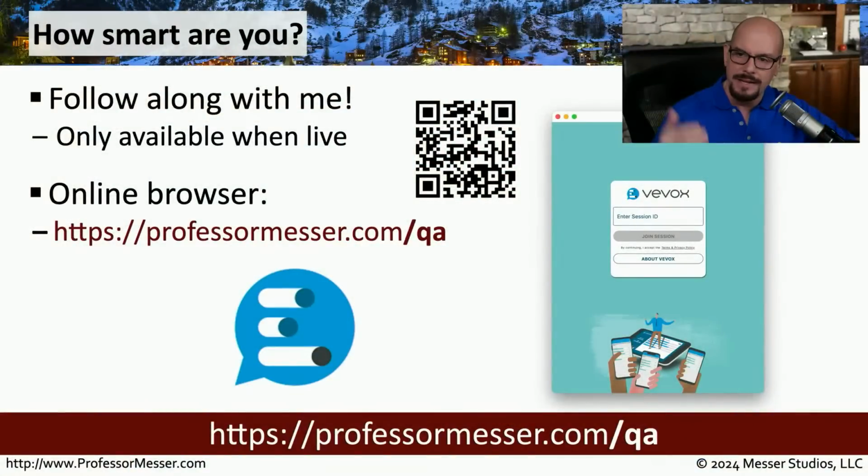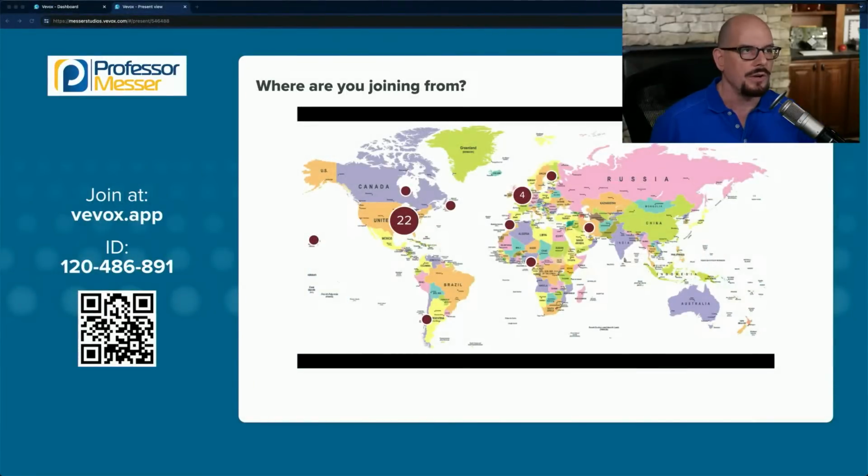So I'll talk about what we can do. In fact, if you have a browser that you can pop open, you can visit the link that's on your screen, professormesser.com/QA. I'm going to put a question up in just a bit so that you can join us. And did I put the question on here? These are always the things I have to go through. If you go to professormesser.com/QA, you will see out there on the website, there it is, you've got information to go through.